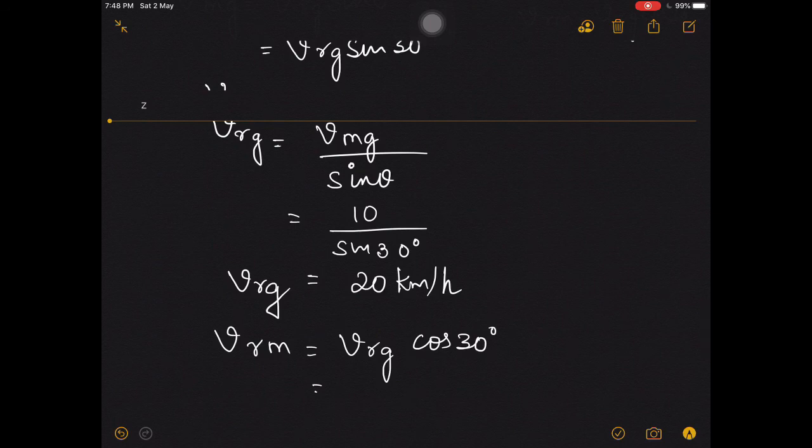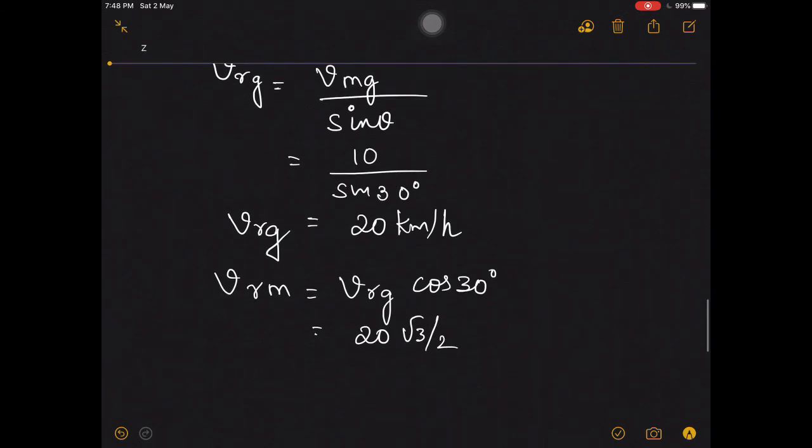VRG we got 20. Cos 30 is root 3 by 2. So my answer is 10 root 3 kilometers per hour.